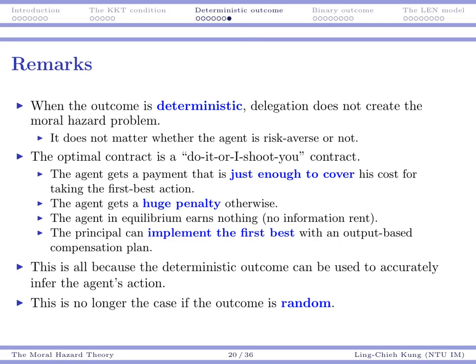The principal doesn't need to monitor the agent's action or effort, as long as the outcome is deterministic, because if the outcome is deterministic, it can be used to accurately infer the agent's action. So that's how the principal can play this idea.